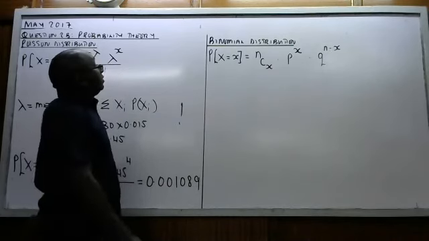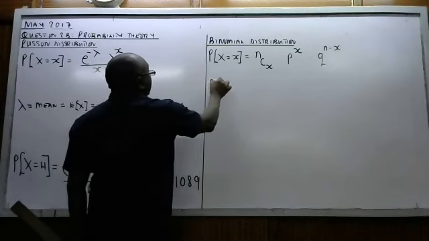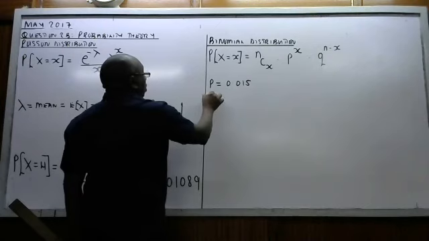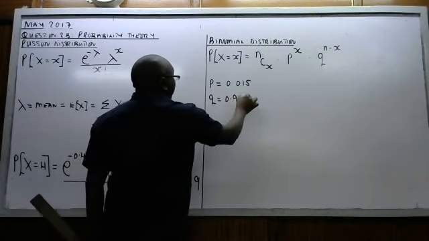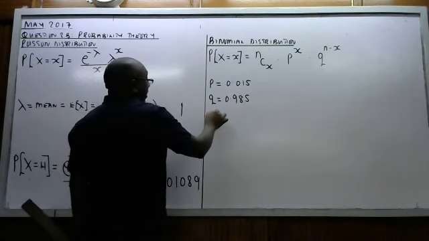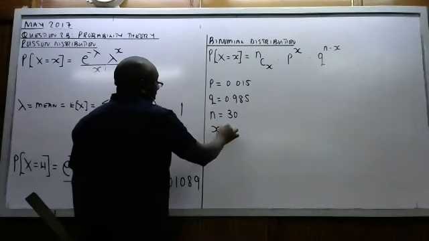For the interest of time, p, that is the success, is 0.015. q is 0.985 because they must add to 1. n is 30 machines and x is 4.